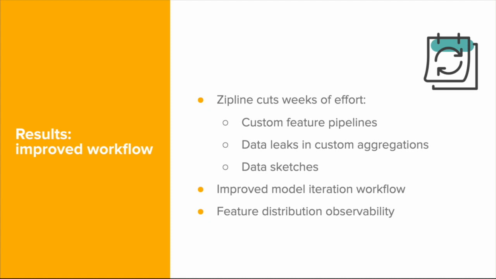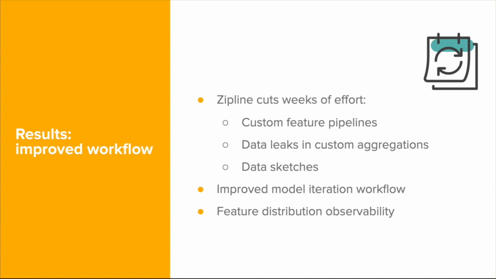So when we integrated Zipline into our production systems, we saw a number of results coming in. First of all, the workflow for people working on machine learning models improved considerably. We saw that people were making very small mistakes in their data pipelines and then debugging them for a very long time.